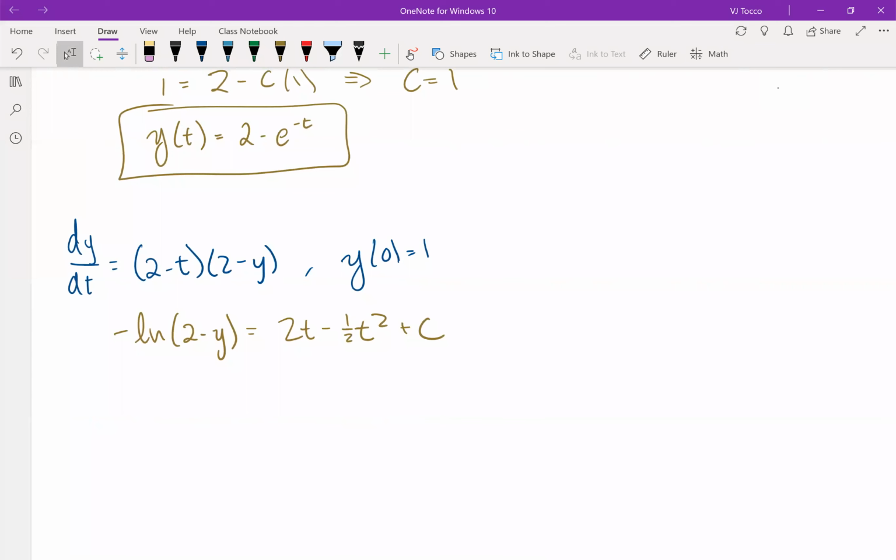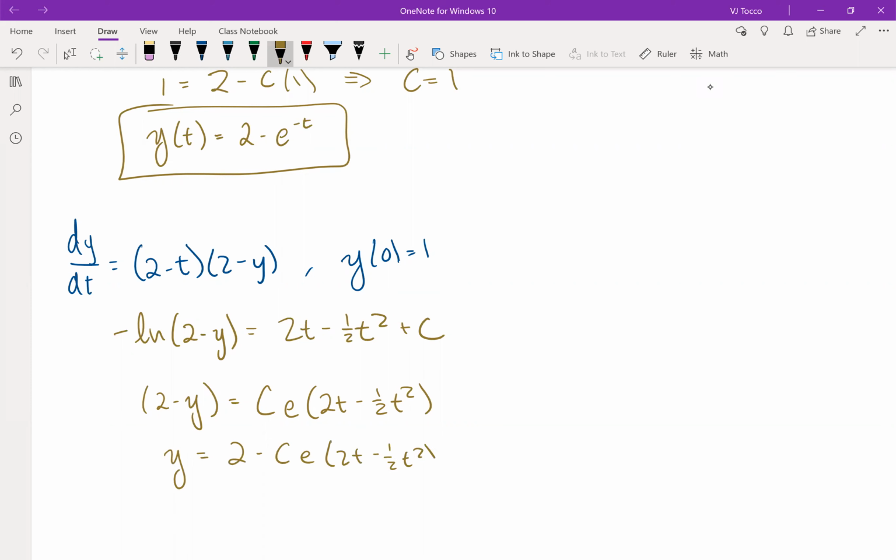And now I have to solve for y. So 2 minus y is equal to c e to the 2t minus 1/2 t squared. And then solving for y, y is 2 minus c e to the 2t minus 1/2 t squared.